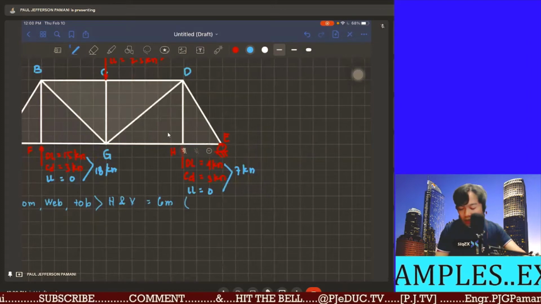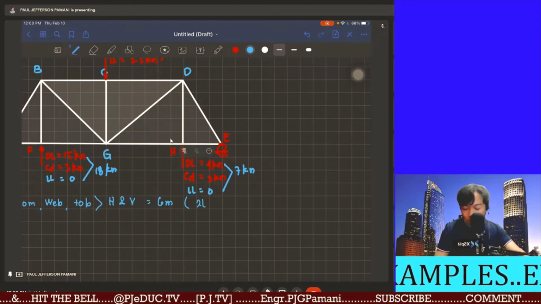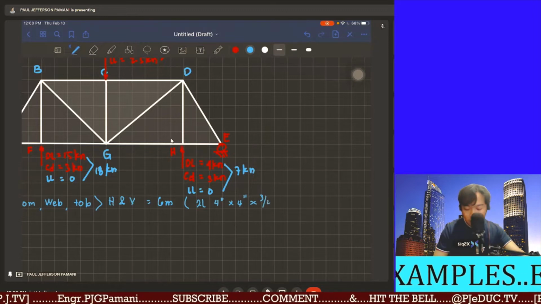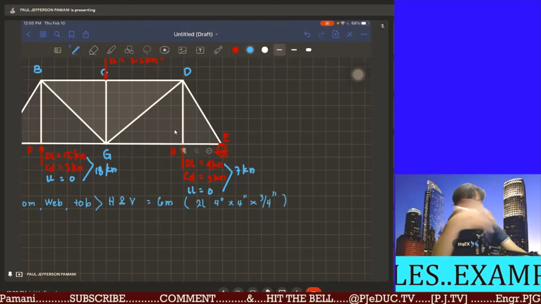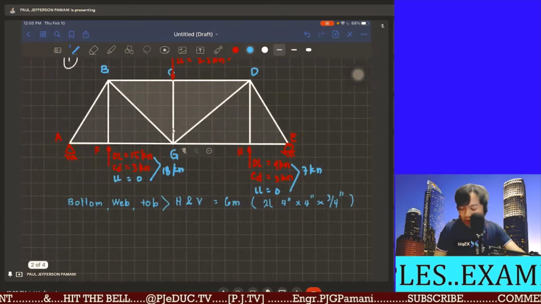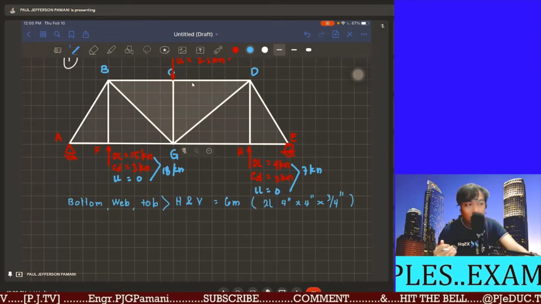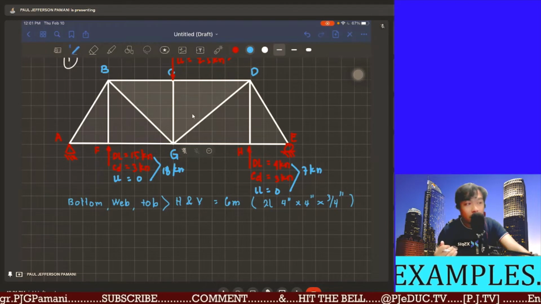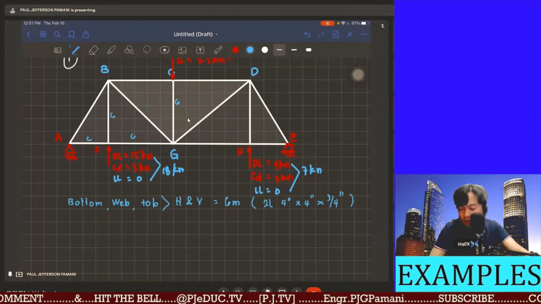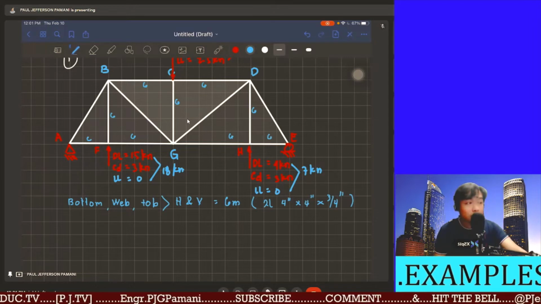Halimbawa, lumabas sa analysis natin na meron tayong double angle na 4 inch by 4 inch of 3/4 inch thickness. Hanapin nyo na lang yung ASEP steel handbook na yan. So, meron tayong 6 meters sa lahat ng bottom members, top members na horizontal, and vertical web members. Okay? So 6, 6, 6, 6, 6, 6, also 6, and another 6, and 6.